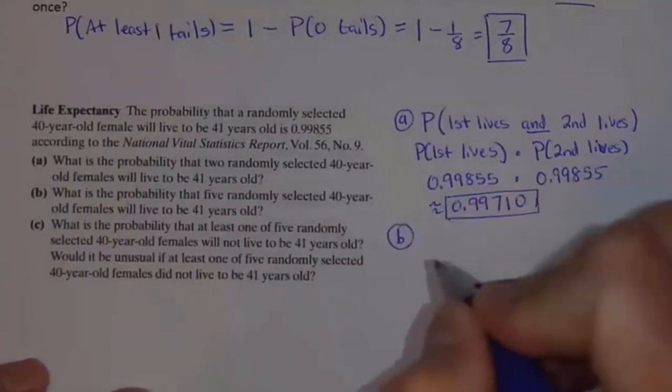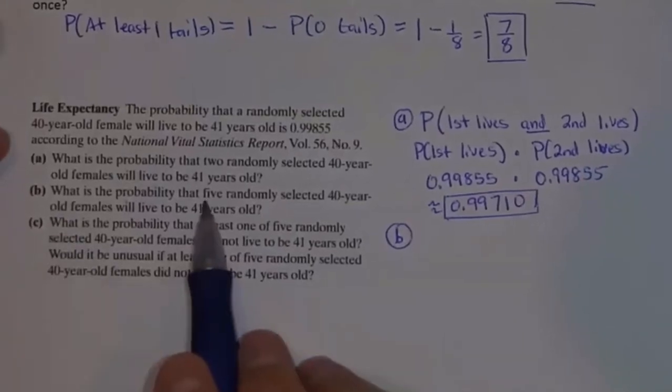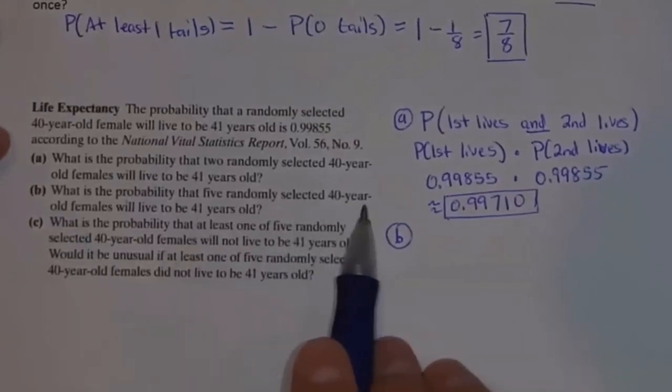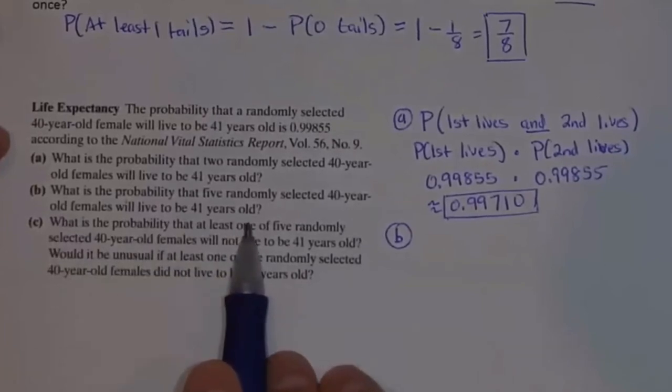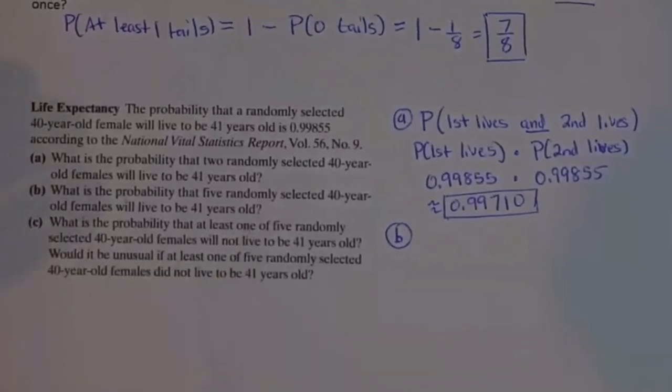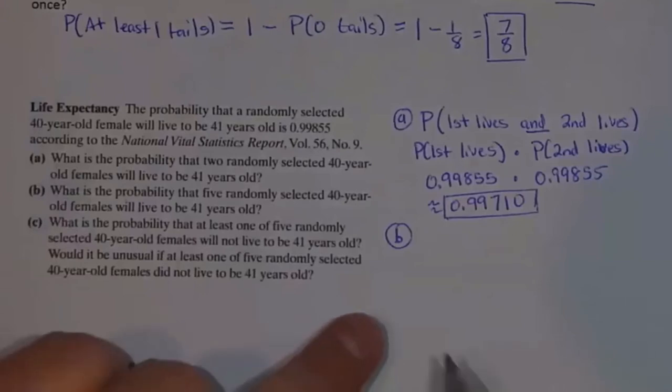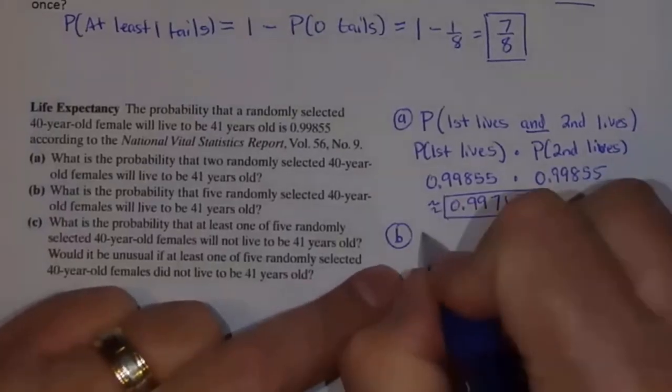B, what is the probability that 5 randomly selected 40-year-old females will live to be 41 years old? So now I'm randomly picking 5, and the question is, what's the probability that all 5 will live to be 41? So I'm not going to write down as much this time.